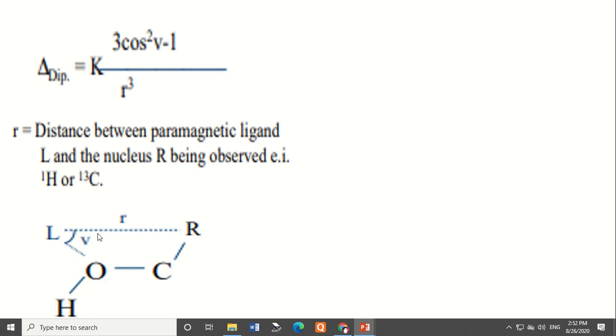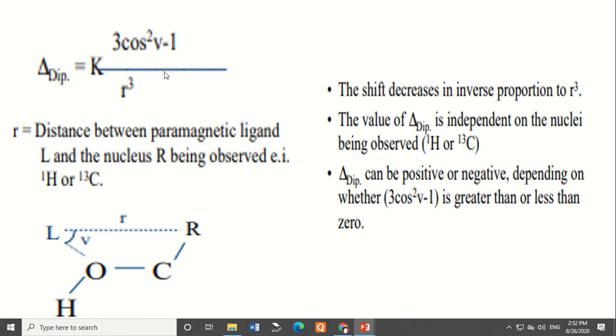Theta is the angle between R and the oxygen through the shift reagent. Therefore, from this formula, it is easily concluded that the shift is inversely proportional to R cube. The value of shift is independent of the nucleus being observed. The shift can be positive or negative depending on whether the value of 3 cos square theta minus 1 is greater than or less than 0.